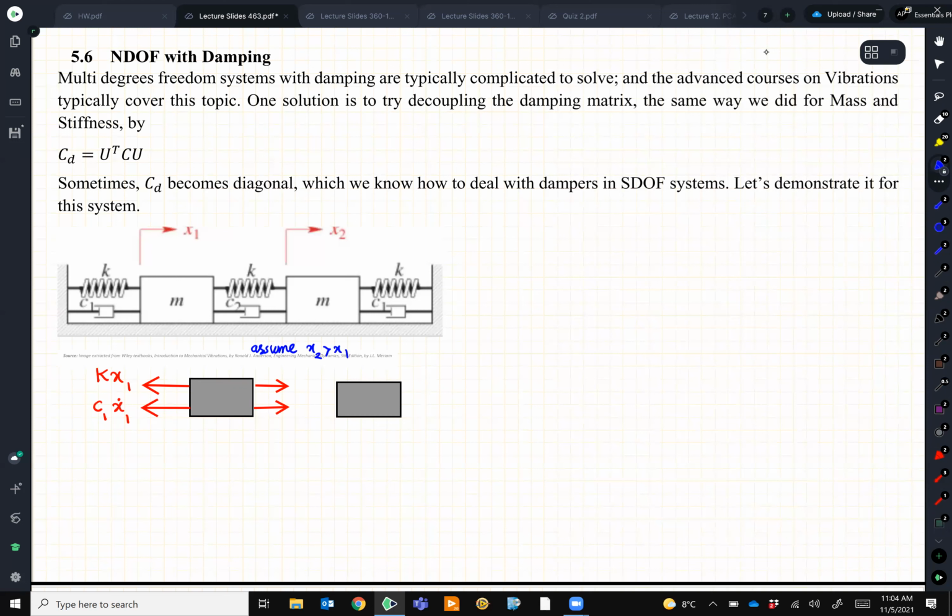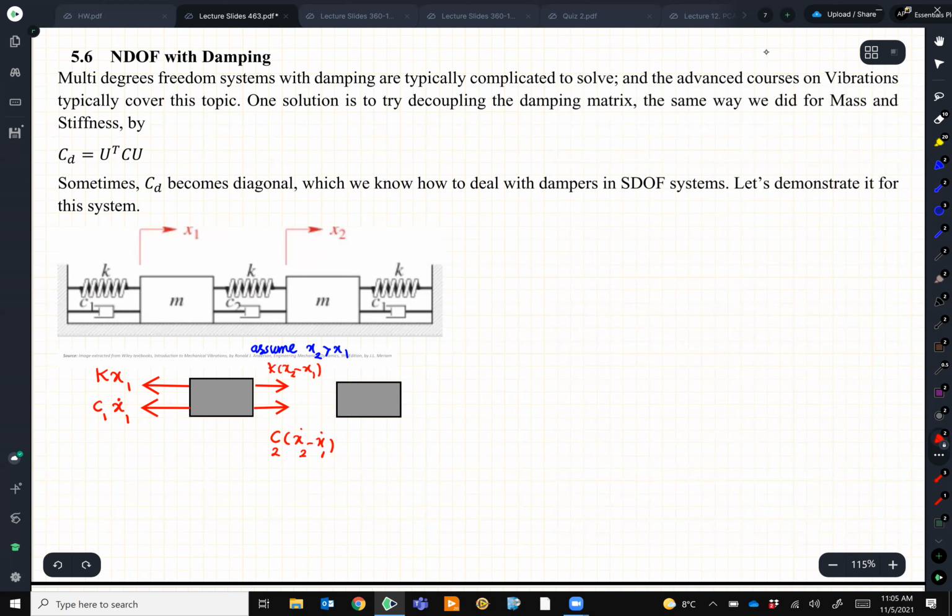So if x2 is bigger than x1, it means the spring is going to have a tension load, and the value will be K(x2 minus x1), because we already agreed that x2 is bigger than x1. So I included the sign there. And the damping will be the same, C2(x dot 2 minus x dot 1).